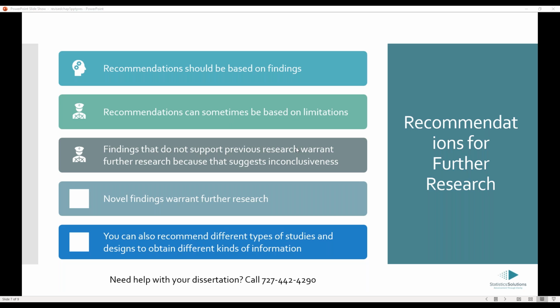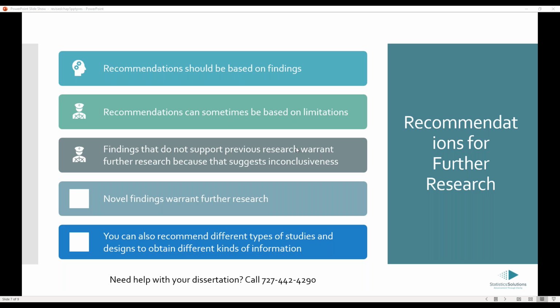You can recommend something like case studies, which have multiple data collection. They collect data from multiple sources, usually interviews, sometimes observation, records. And what case studies help do is get a more comprehensive view of the topic because it comes at it from several angles.